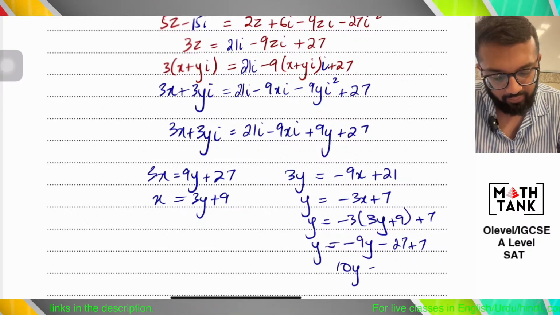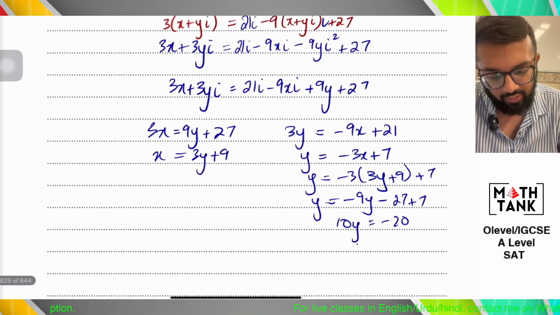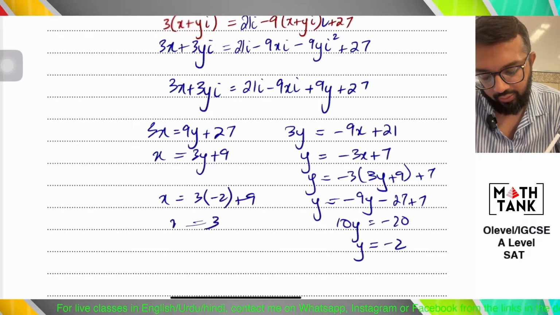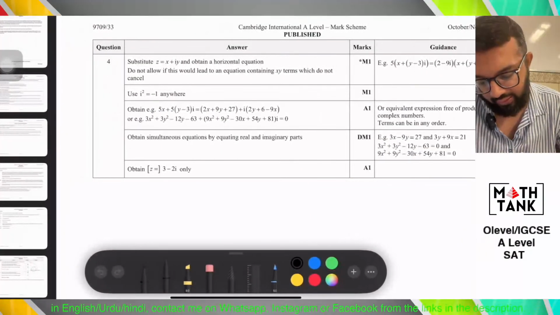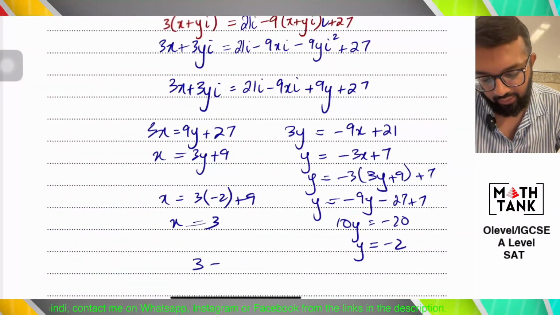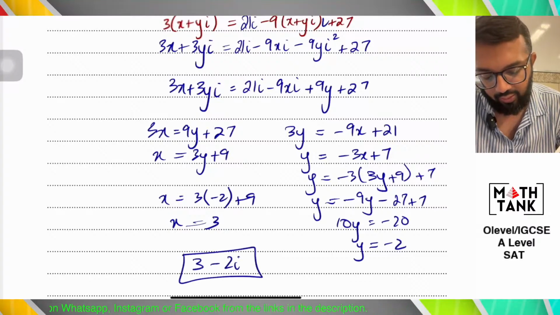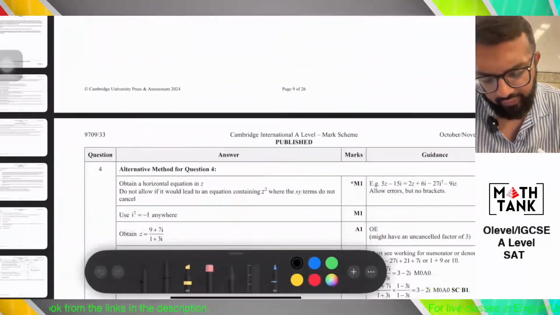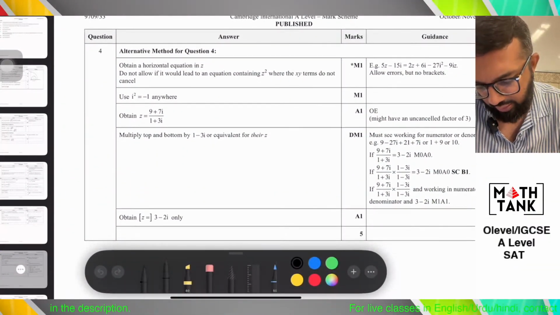So 10y equals minus 20. y equals minus 2, and x equals 3. So I made some silly mistakes and that gave me the wrong answer. So 3 minus 2i is the correct solution. I don't know, they've done it in a very long way. I'm not sure why.